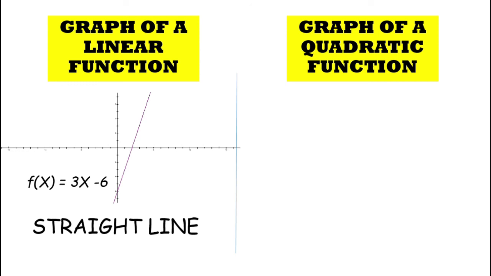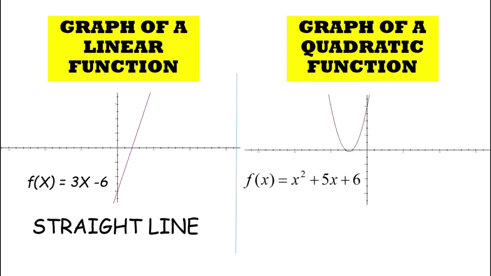That is why it is called linear, from the word line. Well, the quadratic function will have a parabola as its graph. So again, linear function will have a straight line as its graph, and quadratic function is a parabola.